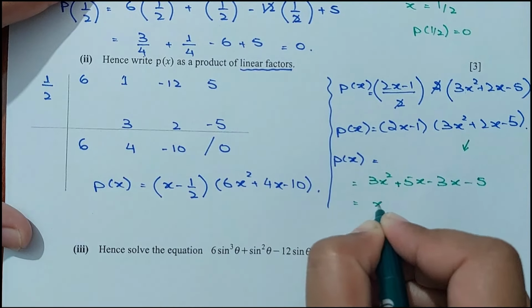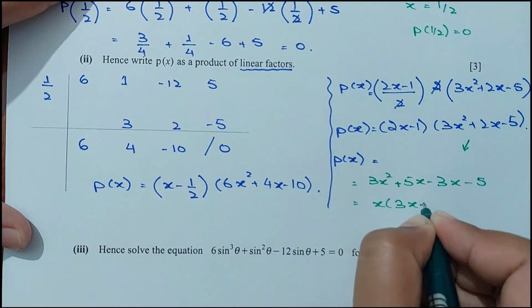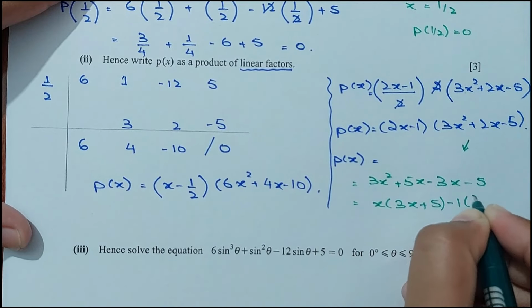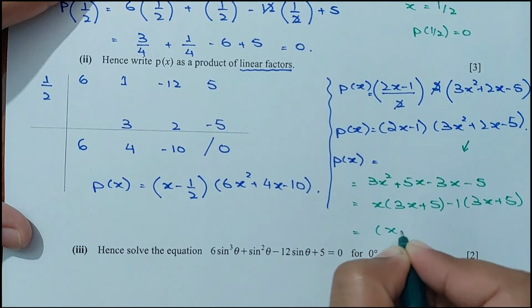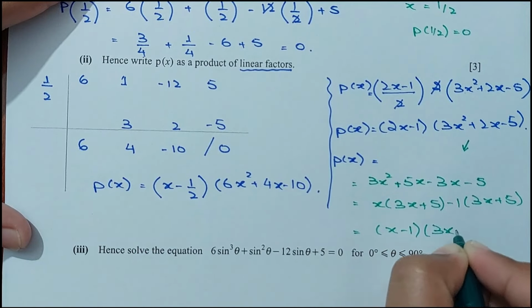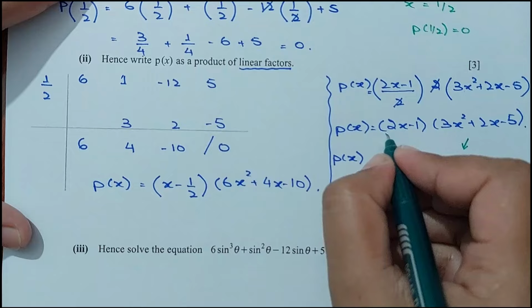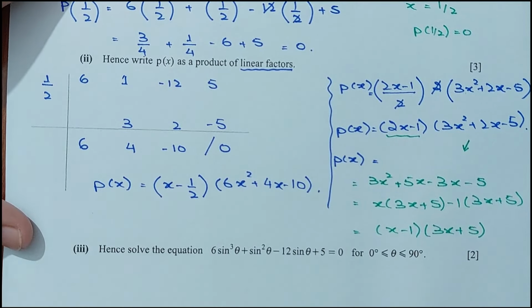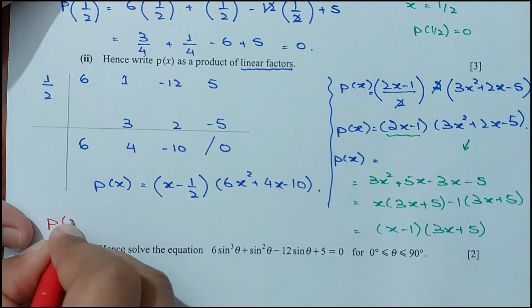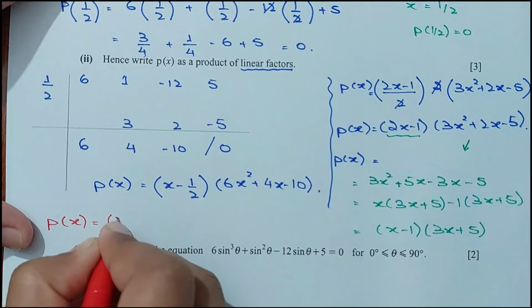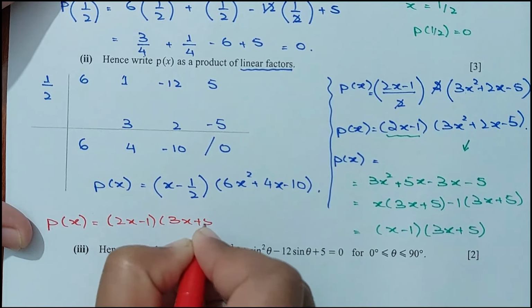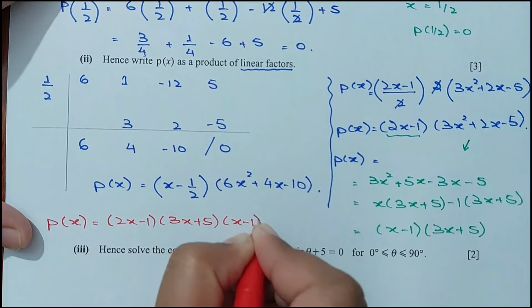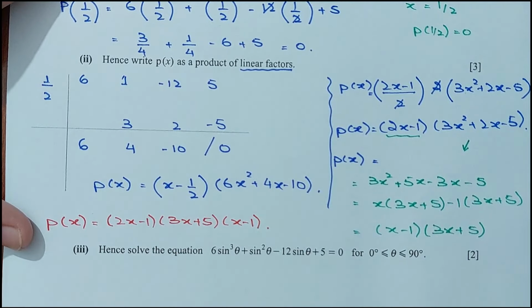So let me take x common: we have 3x plus 5, and negative 1 common, we have 3x plus 5. So the factors are x minus 1 and 3x plus 5, and this is the third one. So the product of linear factors, the polynomial p of x, is going to be 2x minus 1, 3x plus 5, and x minus 1. So these are the 3 linear factors.